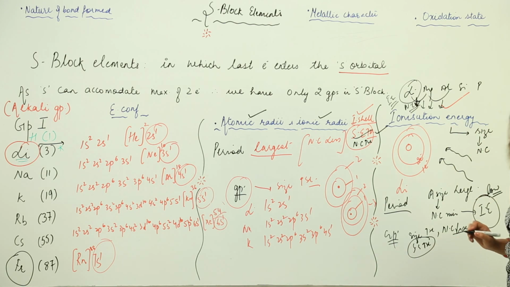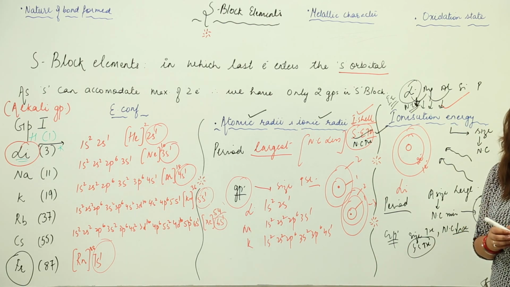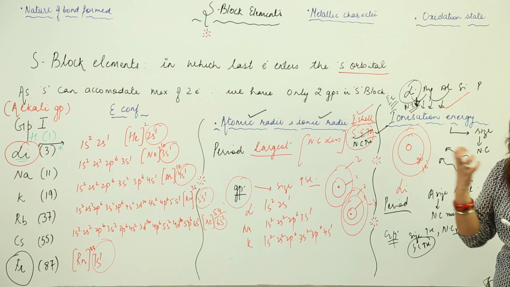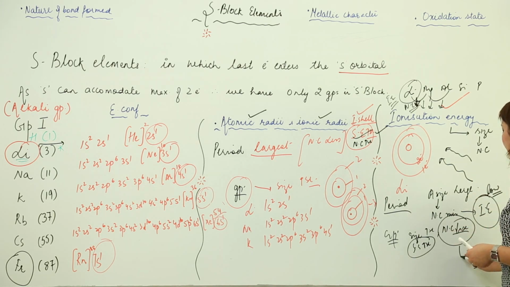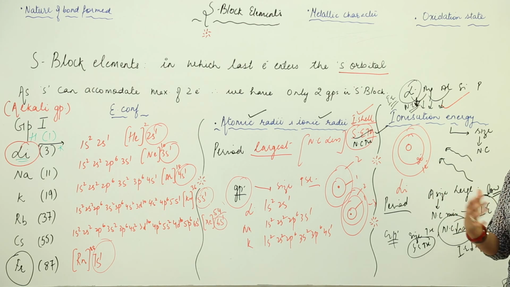So when there is a decrease in nuclear charge, the nucleus is not able to attract its outermost electrons with a greater force, right. So they are experiencing less pull from the nucleus, and due to this reason their ionization energy is decreasing. So whenever you move down the group, ionization energy is decreasing because it is based on the nuclear charge, or you can say size, and size is based on the nuclear charge and the screening effect.